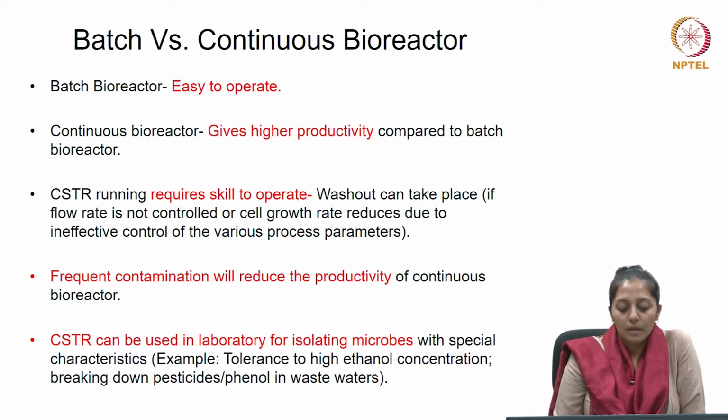For example, if one has to find a microbial strain which has higher tolerance to high ethanol concentration, or if you want to select a microbial strain which can break down a pesticide or phenol in waste waters and therefore can survive the toxic levels, then these selection pressures can be applied to this group of organisms coming inside the continuous reactor.